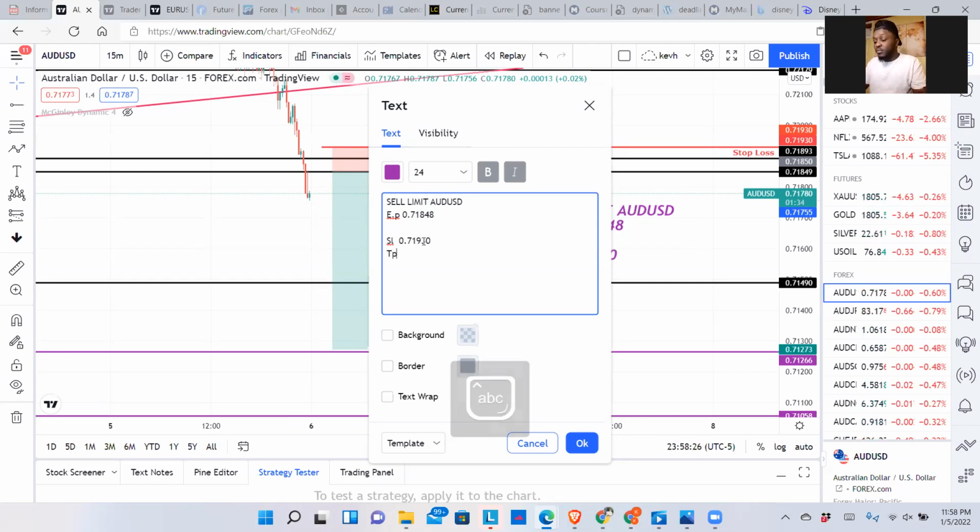Then for your take profits, honestly, you could go with however far you want to go. Have that as TP1. Then for TP2, 0.71490. Then for TP3, 0.713.